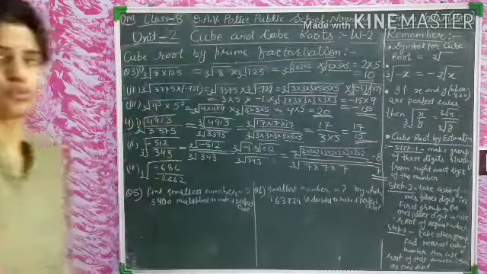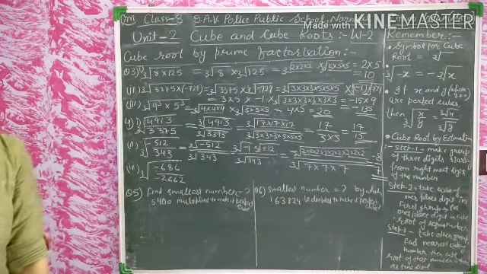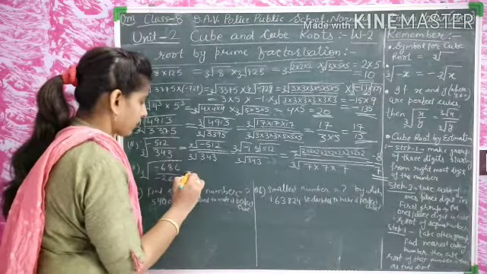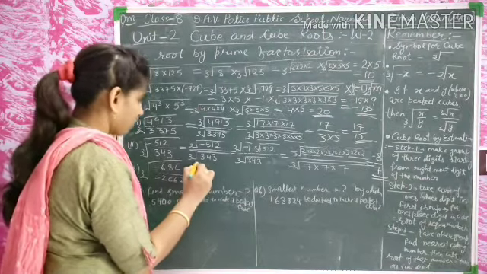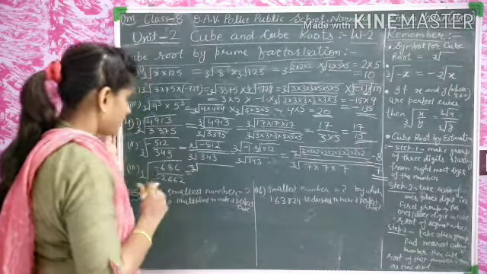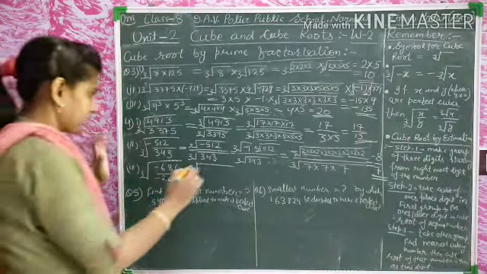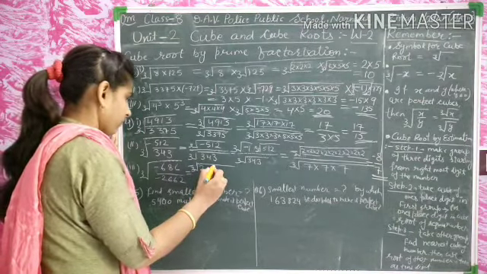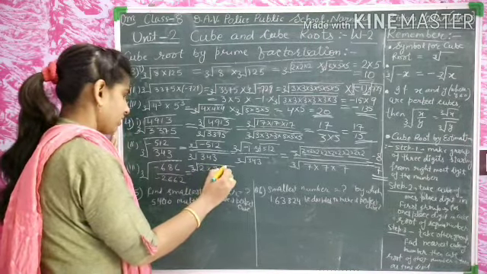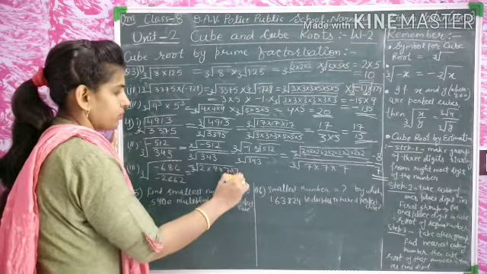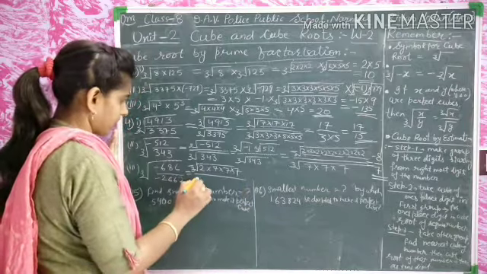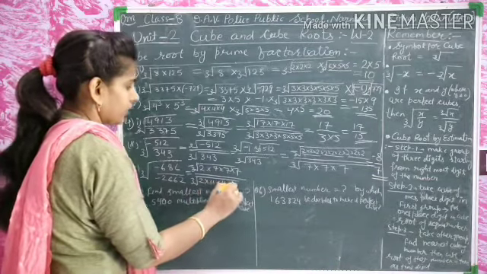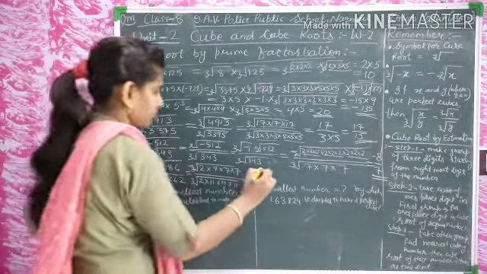Now students, we are taking part number 3, and this part is minus 686 over 1331. Their prime factorization is the cube root of minus 686, that is 2 into 7 into 7 into 7, and the cube root of 1331, whose prime factorization is 11 into 11 into 11. So that must be equal to minus, this is also minus.